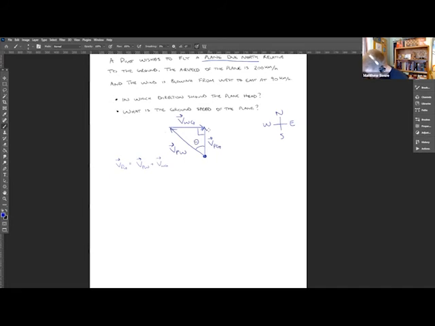Since these two things right here are perpendicular, we can use some trigonometry. That is the velocity of the wind with respect to the ground over the velocity of the plane with respect to the wind.